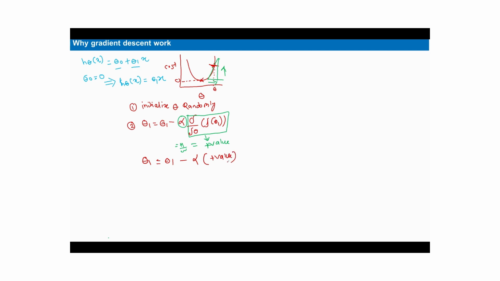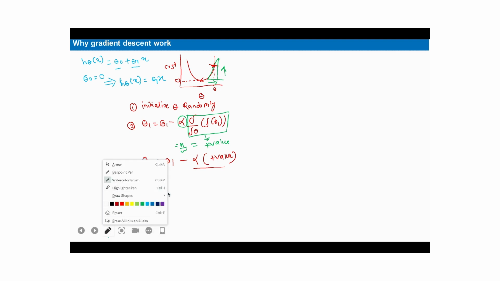That means from the current value we are subtracting some positive value, so from this to this direction we are going. From the current theta we are subtracting something, so it will go backward like this. This process will repeat until convergence.